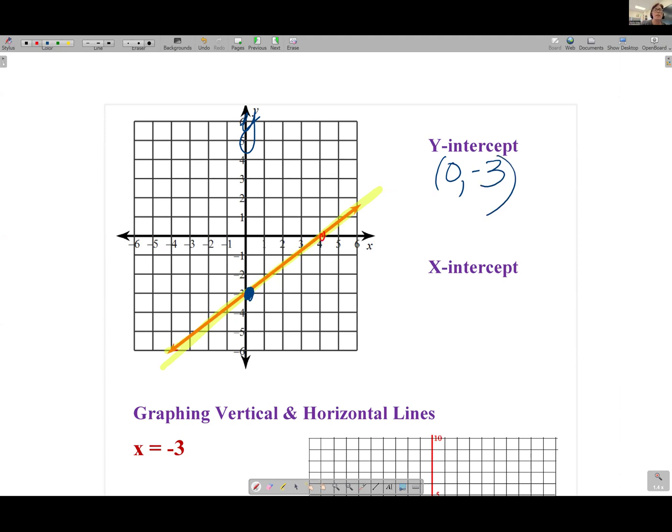Follow it along. It intercepts the x-axis at 4, so that x-intercept is (4, 0). When you do coordinate points, just as a quick review, the first coordinate is x, second coordinate is y, horizontal is x, vertical is y.